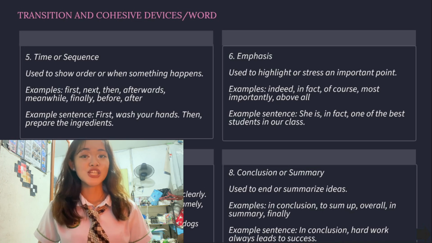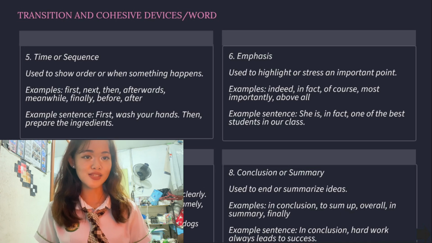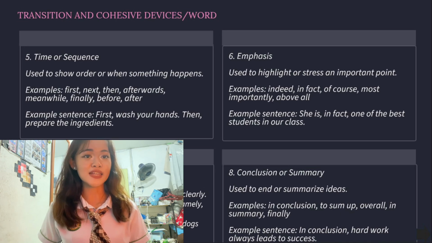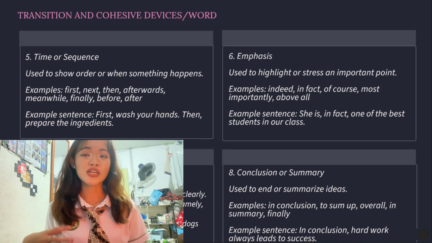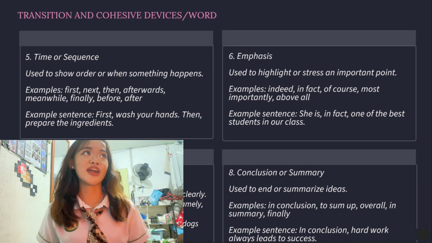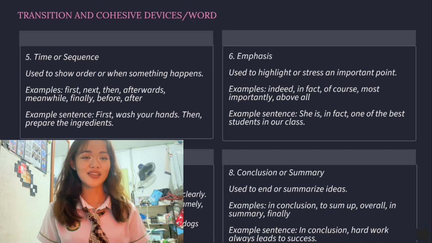For example, she is, in fact, one of the best students in our class. So it is basically like affirming what you are saying. It is basically making a certain claim stronger by agreeing to it. Another example I have in mind would be when you say, home is indeed where the heart is.